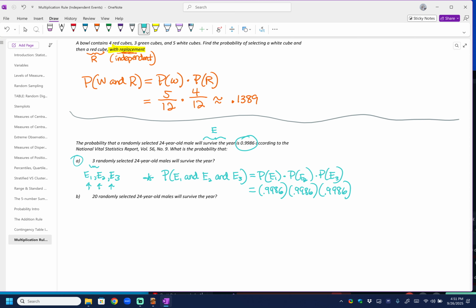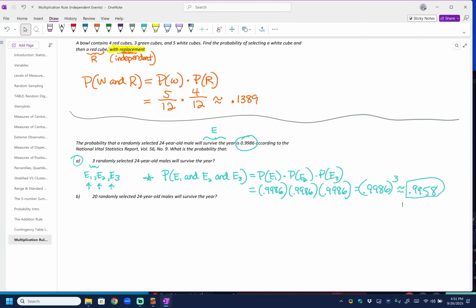But we could also do this in a shorter way, by simply saying this is the same as 0.9986 to the third. That's a little bit easier to calculate in your calculator, or at least shorter. So if you do this, you're going to get about 0.9958 as your probability.